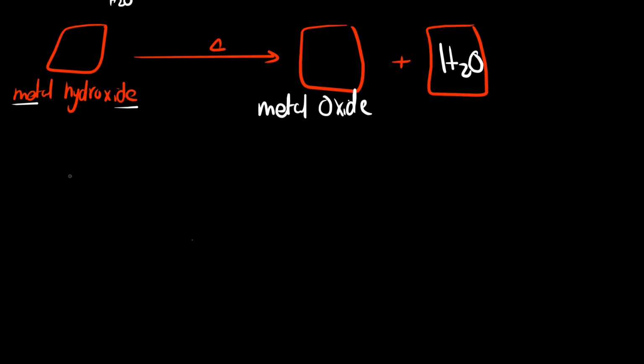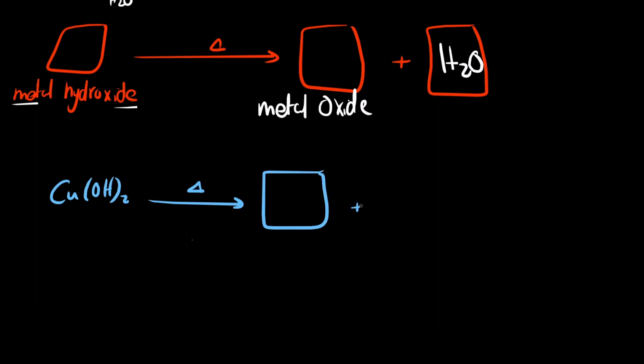So we have the copper hydroxide, and by exposing it to high temperature, you get two things. The first thing, as we said, is the metal oxide. So the metal here is copper, right? So you put copper, and the oxide is attaching an oxygen atom to it.